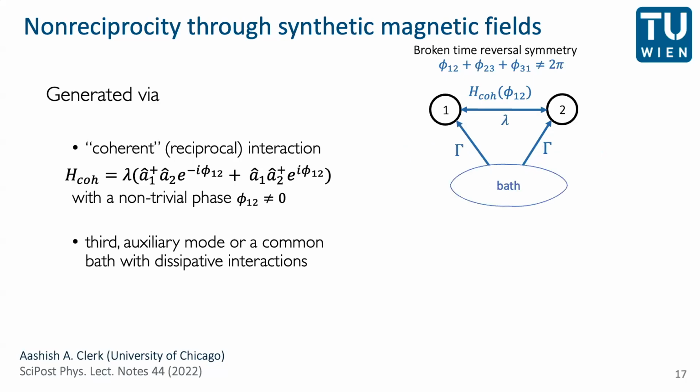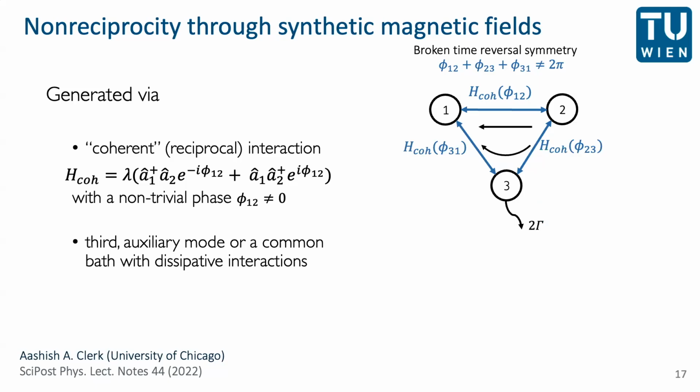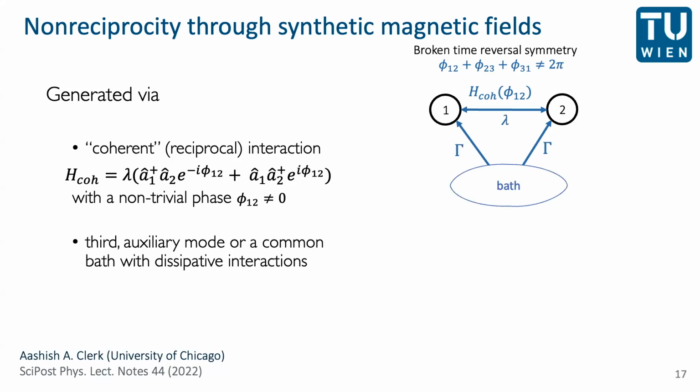Then in that case, you can trace out the third mode. You can represent it with a bath, and this bath will dissipatively couple. Notice that there was this dissipation rate of 2 gamma here. This is going to be equally split into coupling to modes 1 and 2. That means an adiabatic elimination of your cavity mode.